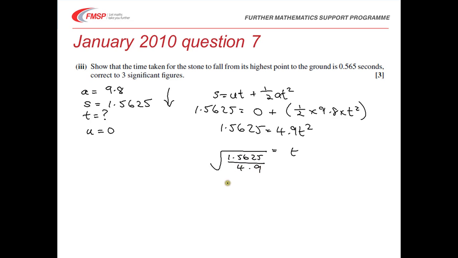And if you work that out, that works out to be 0.56469 and so on. And so to three significant figures, which is what we're asked for, it will actually be, as required, 0.565 seconds.